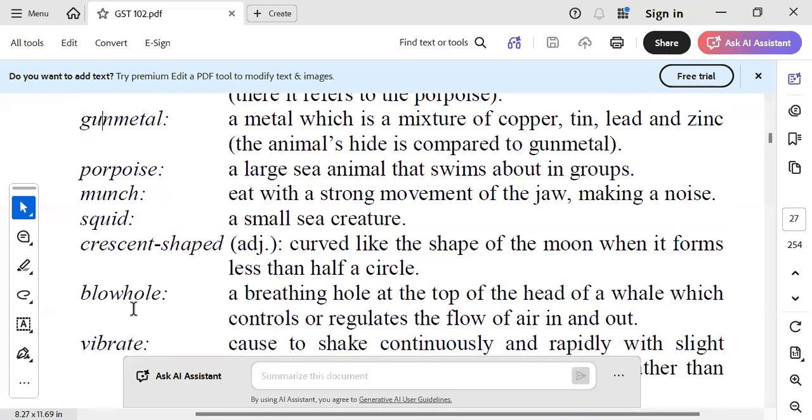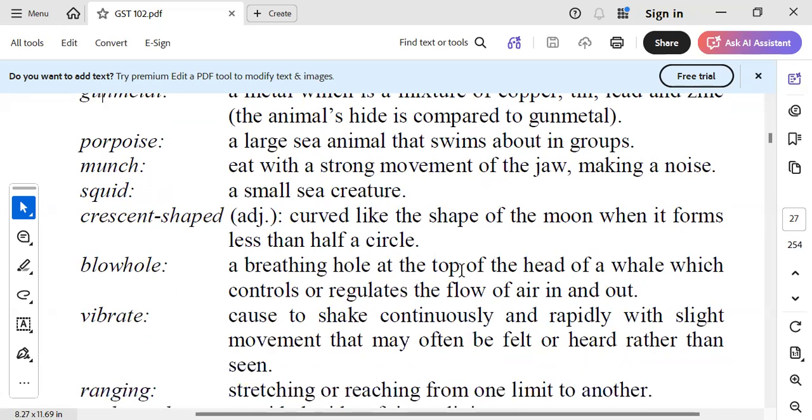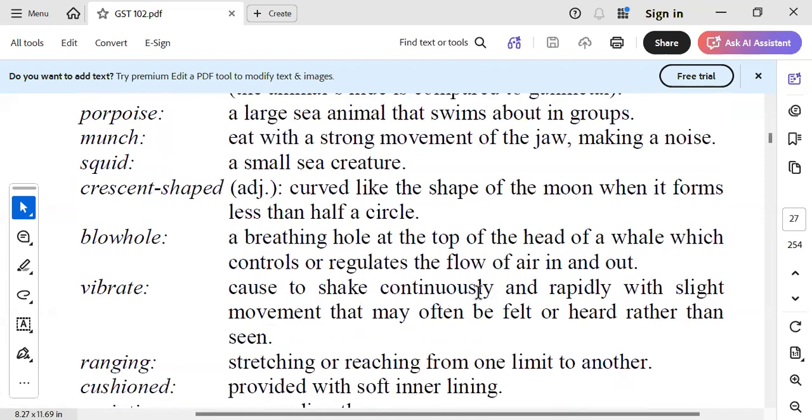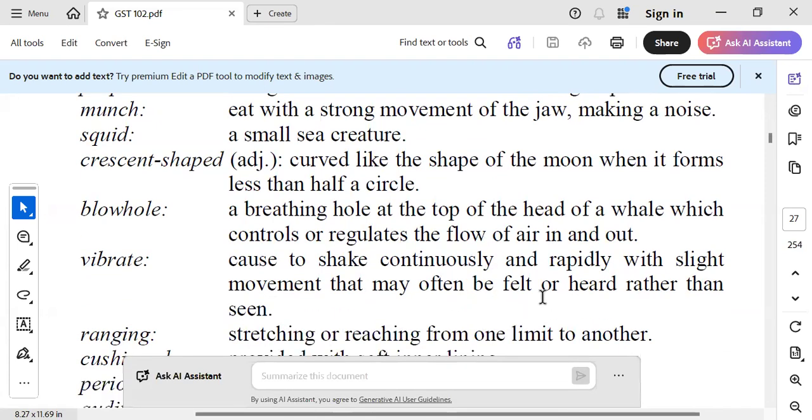Now, what of a blowhole? A blowhole is a breathing hole at the top of the head of a whale, which regulates the flow of air in and out. When we talk about vibrate, we're talking about causing to shake continuously and rapidly with slight movement that may often be felt or heard rather than seen.